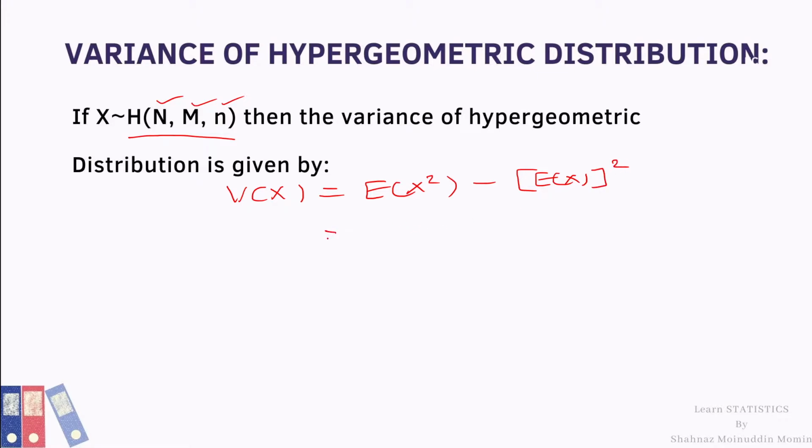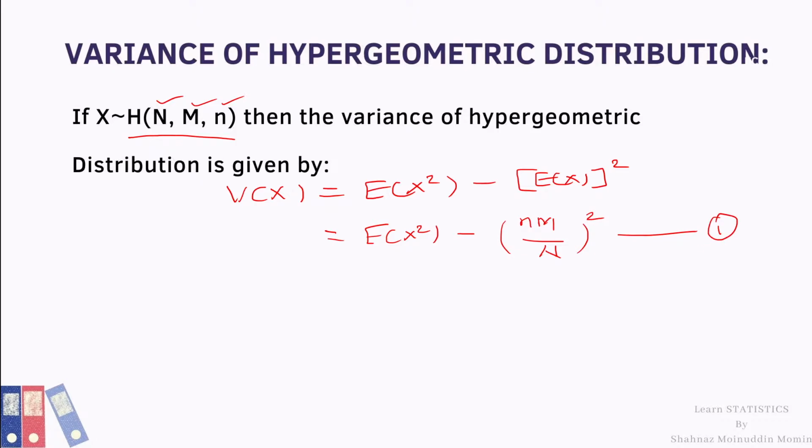In the previous lecture, we have obtained the value of the mean, that is the expectation of X. So variance of X is equal to expectation of X square minus the value of the mean, nm divided by N, bracket square. Let me call it equation number 1 for our further reference.